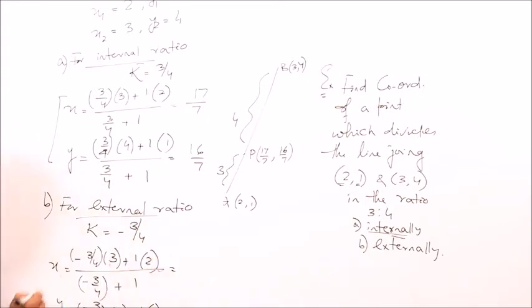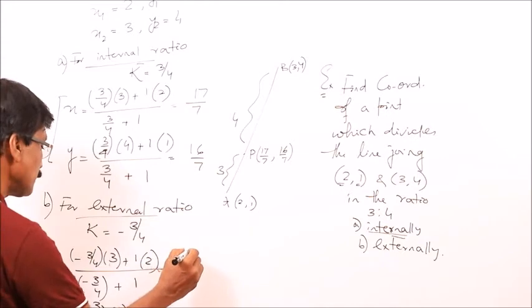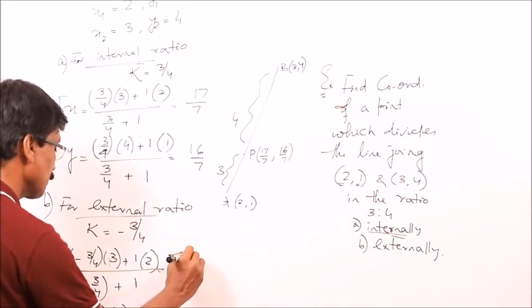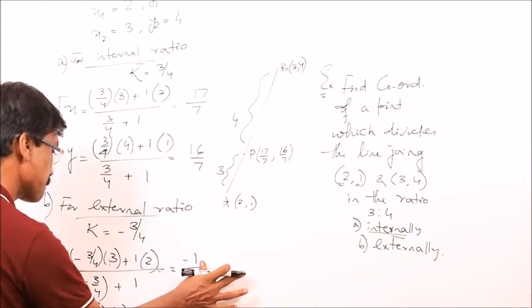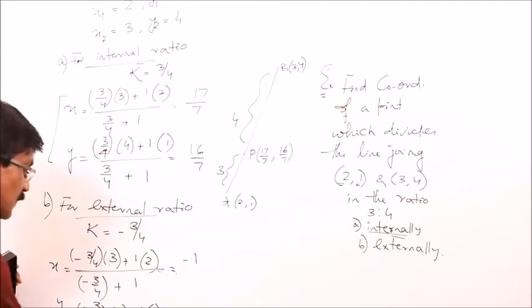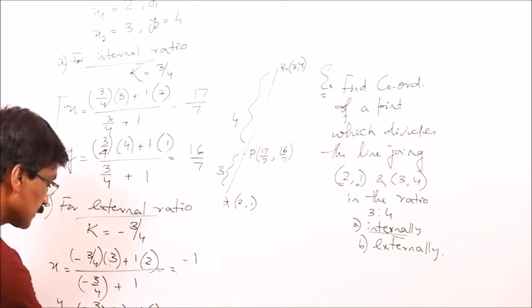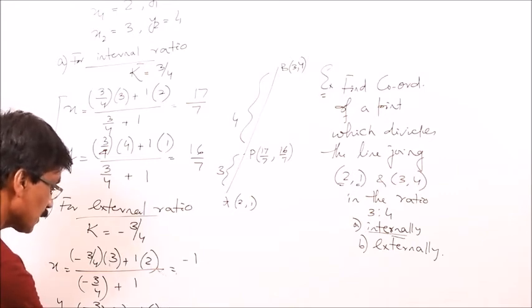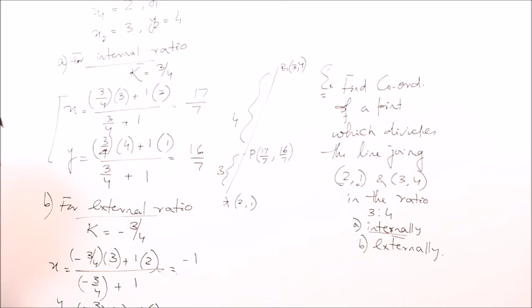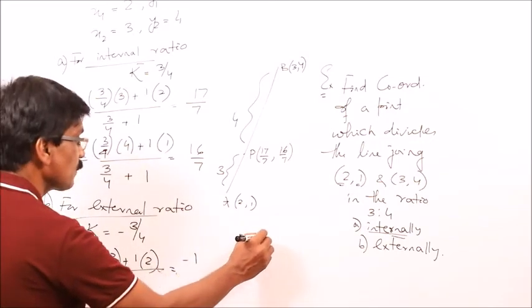So on simplification this gives x as minus 1, and the y coordinate is 1. So the point is minus 1, 1.